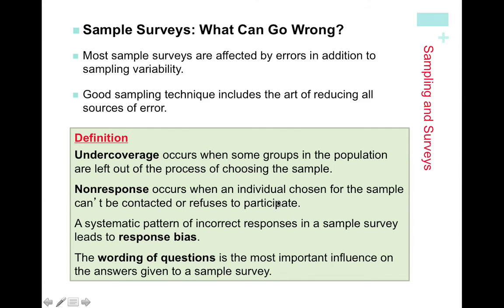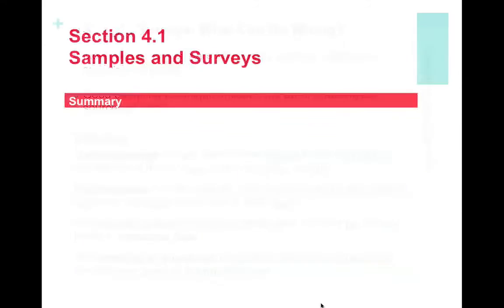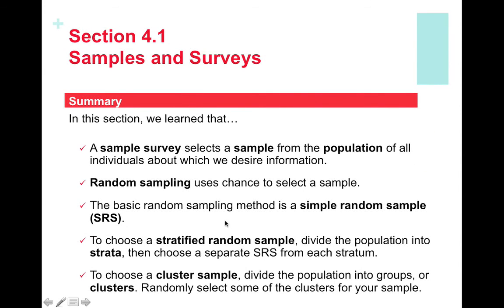Non-response occurs when an individual chosen for the sample can't be contacted or refuses to participate. A systematic pattern of incorrect responses in the sample survey leads to response bias, and also the wording of the question can influence our results. So that is it for the first part of the chapter.